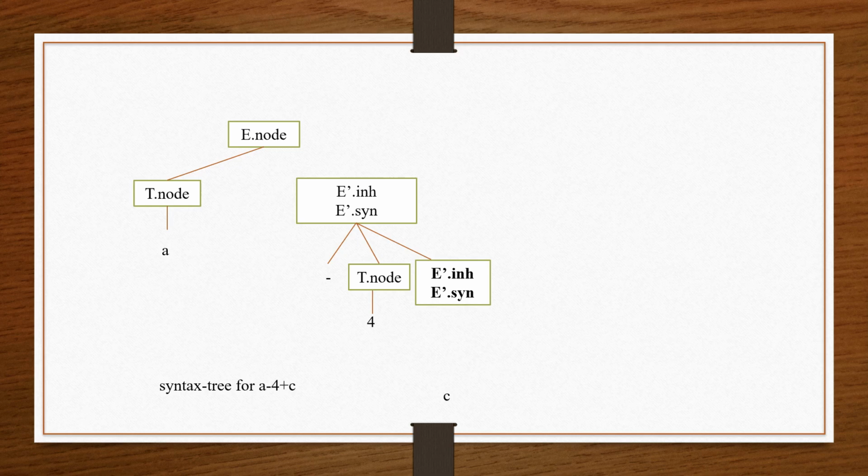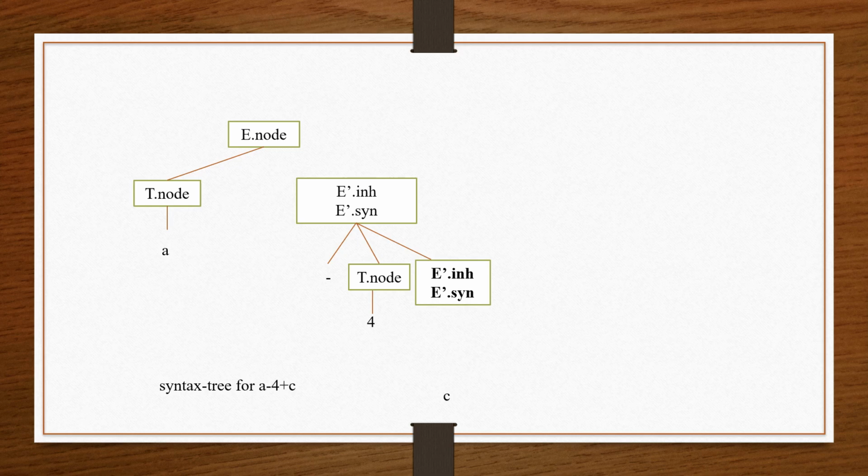Minus T E dash. So now initially what does it have to perform? A minus 4. Where is A actually? In the left subtree. Therefore it is inherited. A is inherited so that it is copied to E dash dot inh. Now what is E dash dot inh? It is A. Now it will perform A minus 4. So we'll get one result, right?